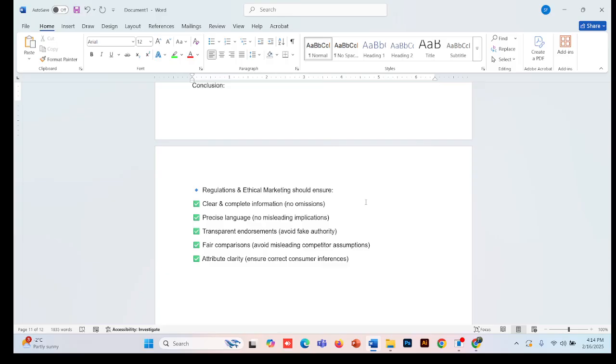Attribute clarity is for correct consumer inference, so that consumers have the right idea or right belief about the product. So this is how advertisers can tackle these issues or deceptions by following these practices. So this is about this topic.